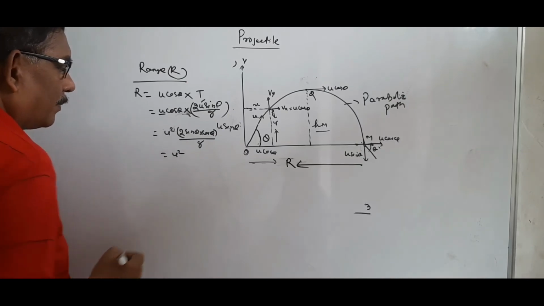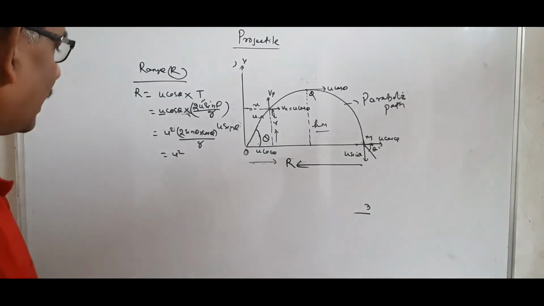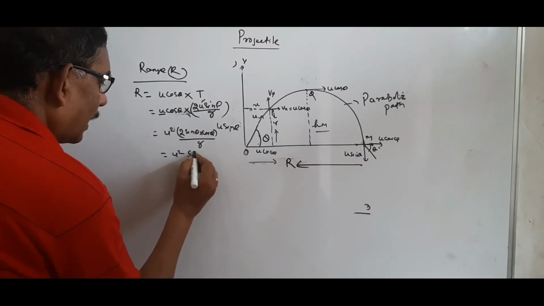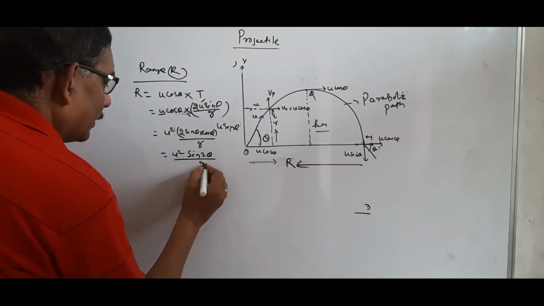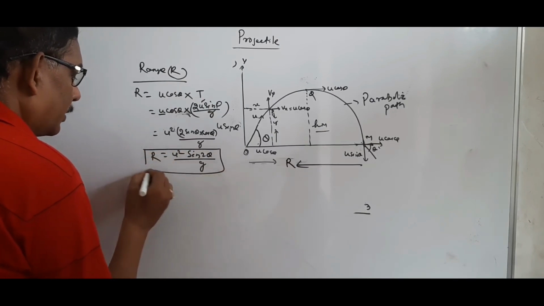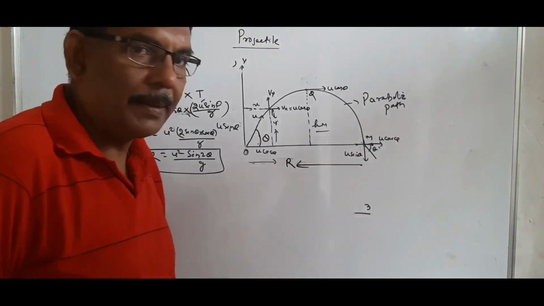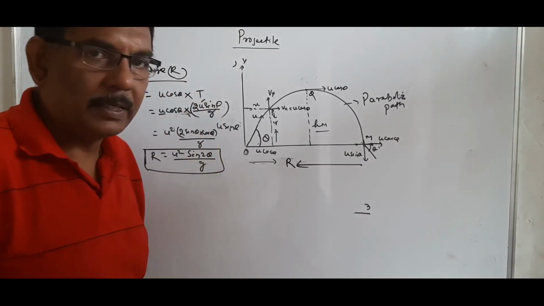You know that 2 sin theta into cos theta is sin 2 theta. So it is u square sin 2 theta by g. It is your range, the horizontal distance covered by the projectile after time T. It is capital T, not small t. Okay.